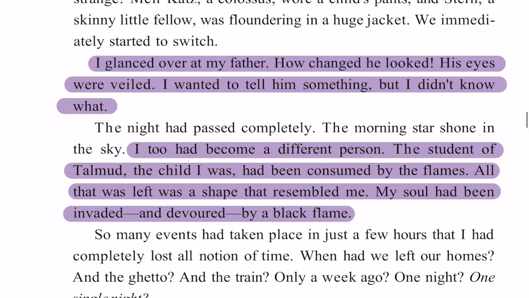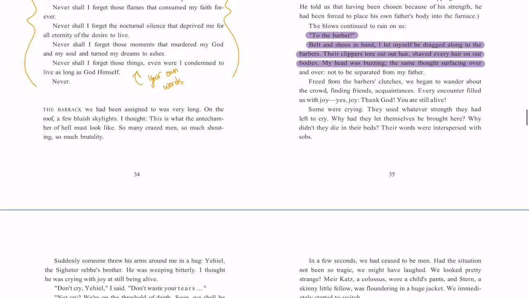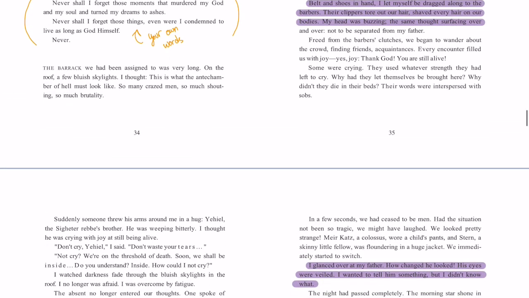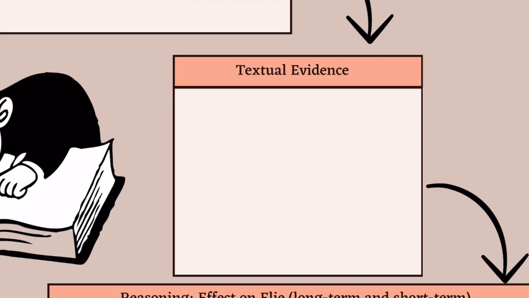Okay, so here's the effect of the next stage of events that happened here, right? So we have some really good textual evidence here on page 35 and 37. Let's go ahead and get that into our tool here. So I'm going to go to my blue page, and I first want to cite page 35.